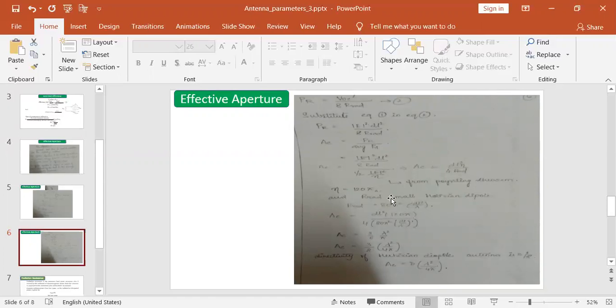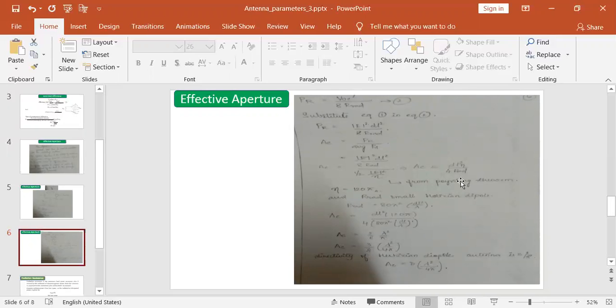If we substitute this radiation resistance in this equation, we'll get A E as 3 by 8 lambda square by pi. This in turn we can write as 1.5 into lambda square by 4 pi.